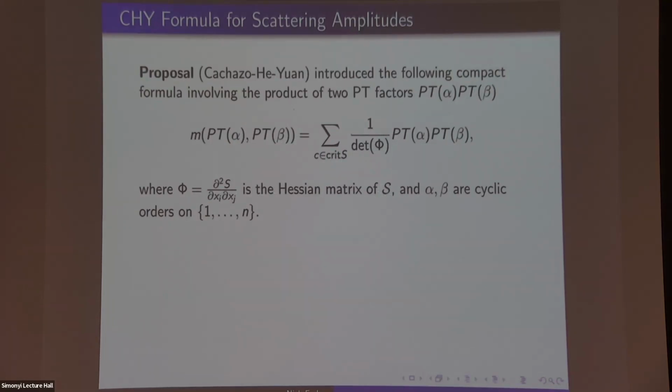M is physicists' notation for the amplitude. In full language, it stands for the biadjoint scalar partial amplitude. So M is defined by that formula. This slide is just saying the right-hand side is interesting.